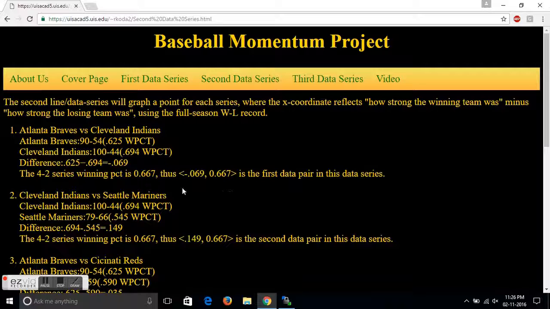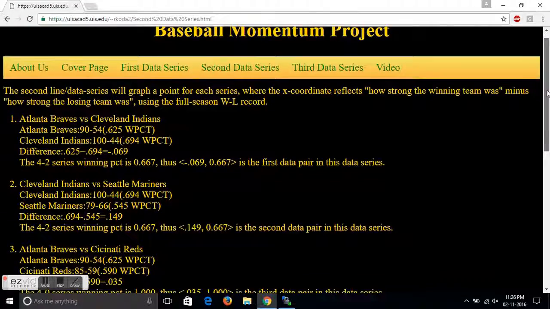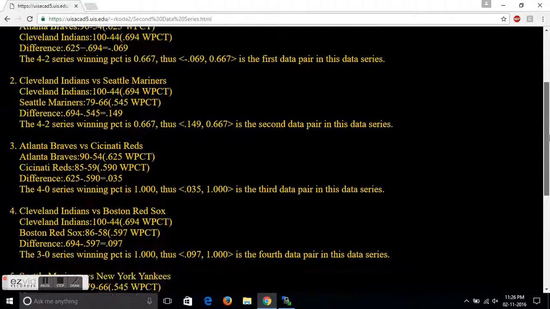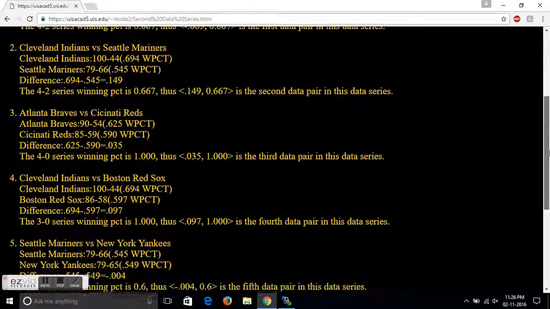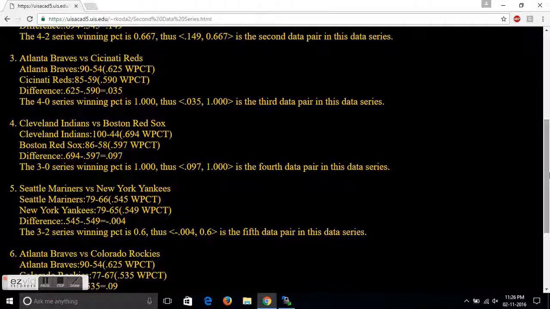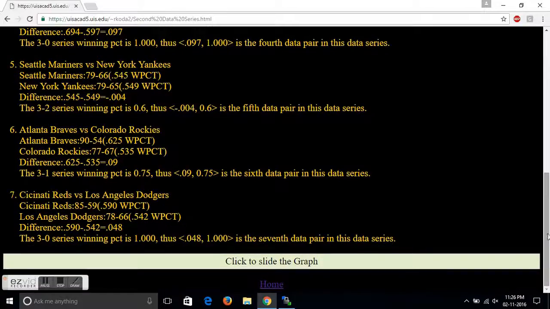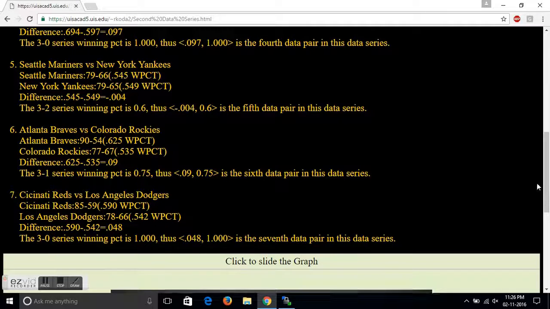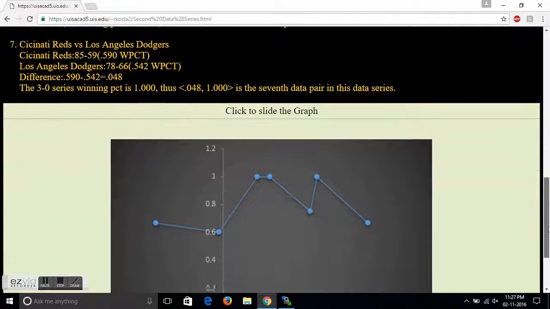So this is our first data pair in the second data series. Similarly, we calculate all the data pairs for the remaining playoff series. And this is the graph plotting those coordinates.